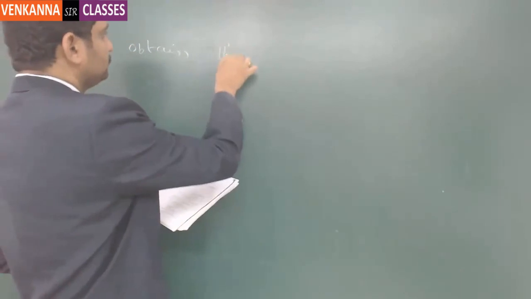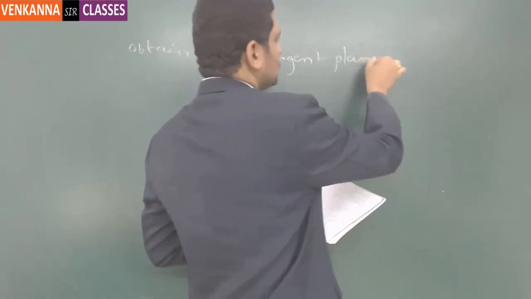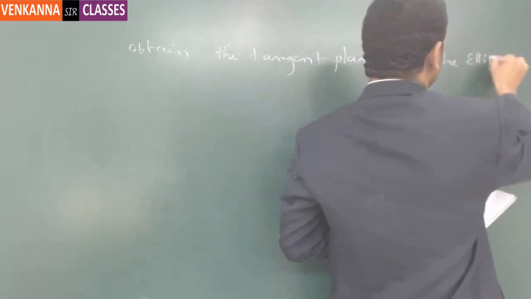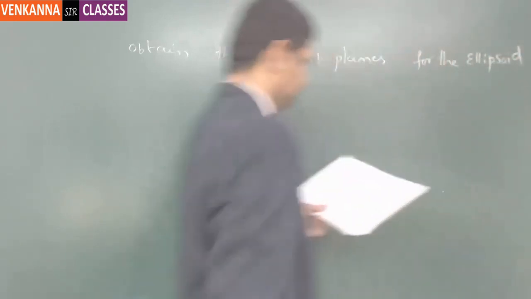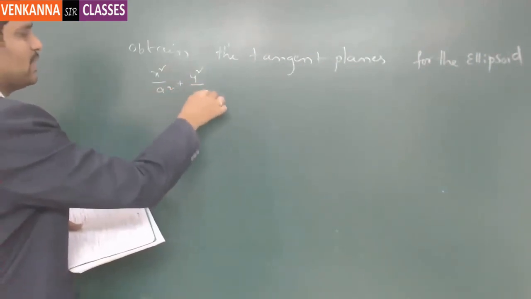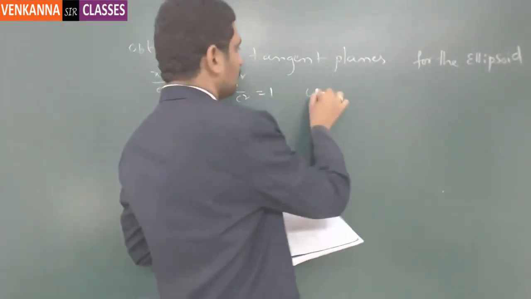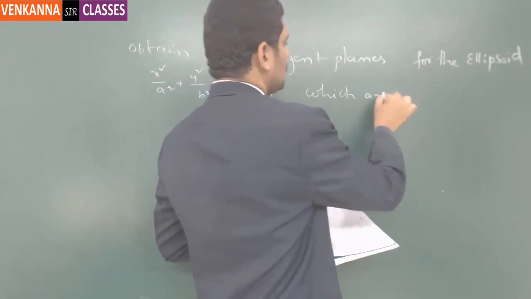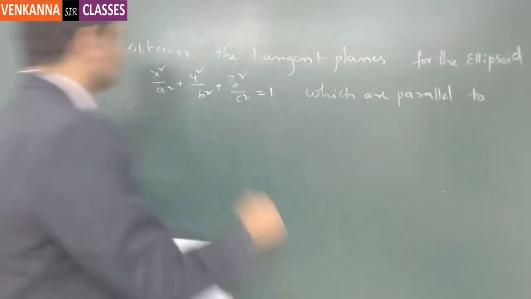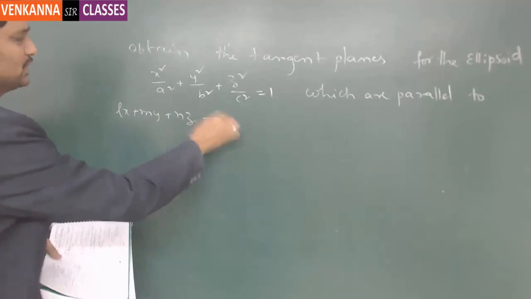Obtain the tangent planes for the ellipsoid x square by a square plus y square by b square plus z square by c square equal to 1, which are parallel to Lx plus My plus Nz equal to 0.